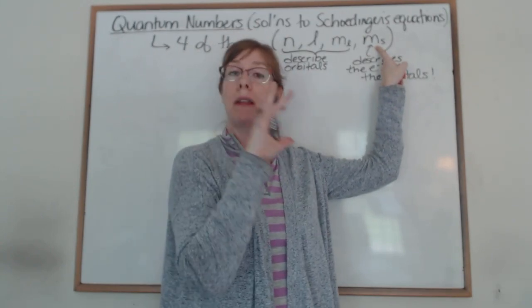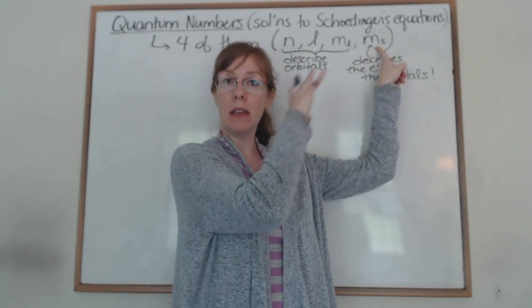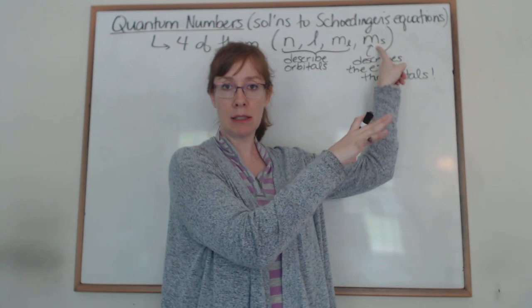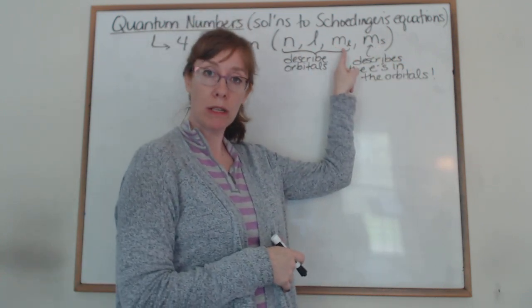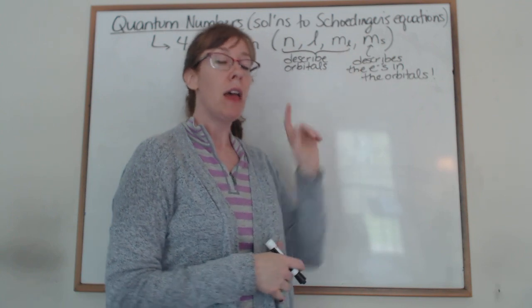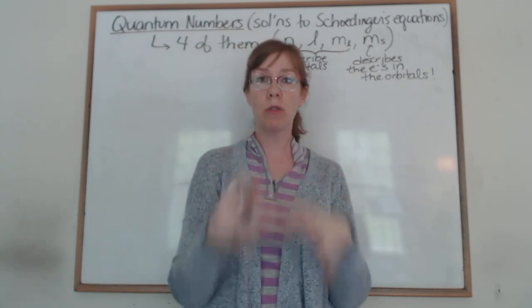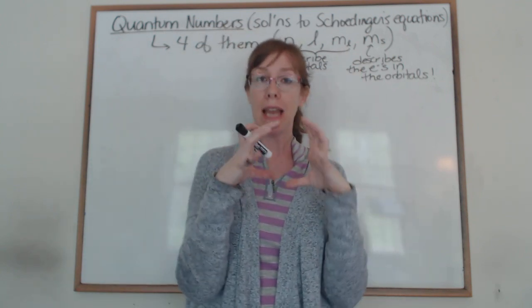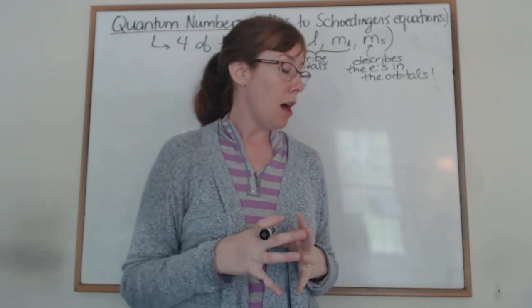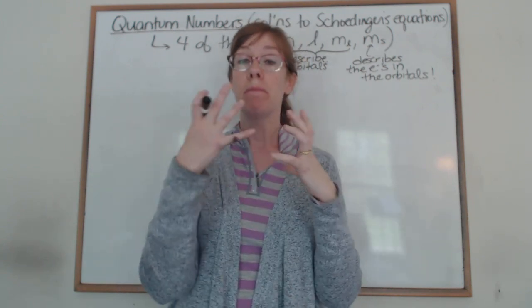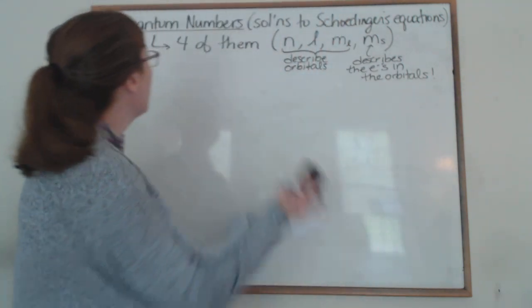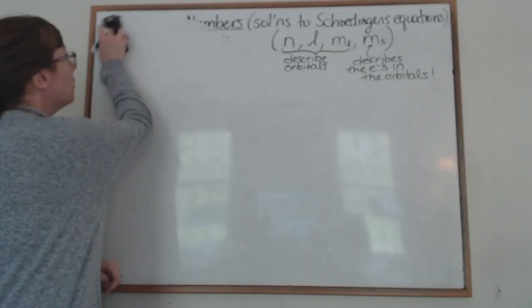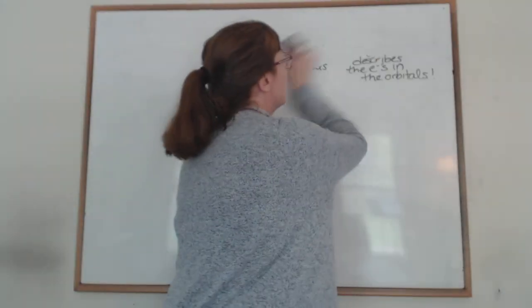It's going to end up telling you about the electron spin, but I'm going to wait until the next chapter to really get into MS. I'm going to focus on the board here on the first 3 quantum numbers, N, L, and ML. These are the ones that define or describe the types of orbitals that an atom can have based on Schrödinger's probability equations.